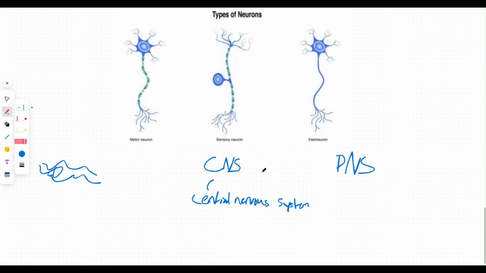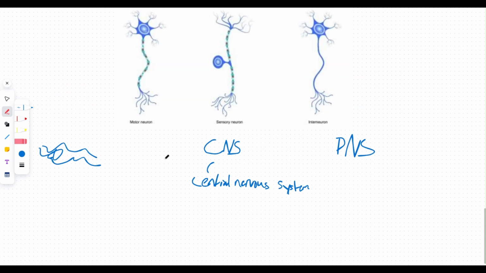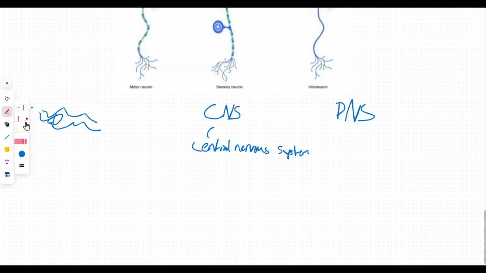Now, what happens? Your CNS will contain interneurons, right? The CNS only contains interneurons. For example, let's just say Bob.